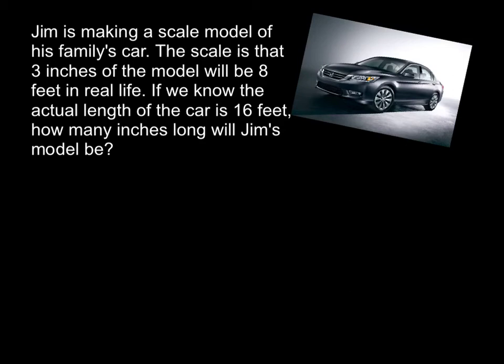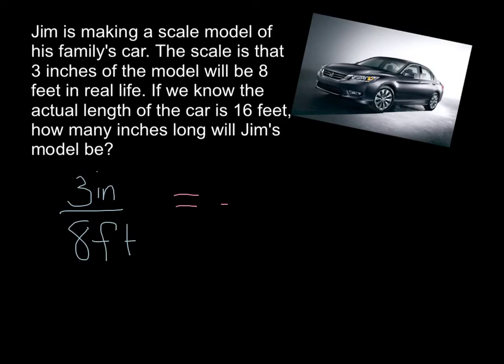First, let's start with the information that we know. We know the scale. It says in the sentence, the scale is 3 inches of the model will be 8 feet in real life. So let's go ahead and write down what we know. 3 inches of the model will be 8 feet in real life. Now, what we don't know is how long the model will be.